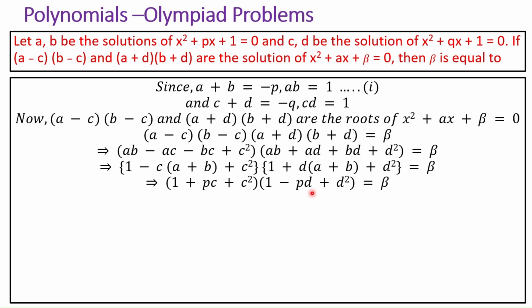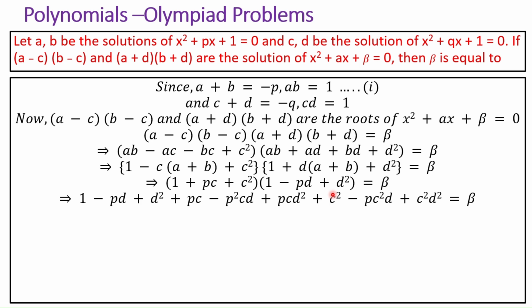Then you substitute a plus b, which is nothing but minus p, so it will become 1 plus pc plus c square. Again you substitute a plus b as minus p, and what you will get is 1 minus pd plus d square equal to beta.